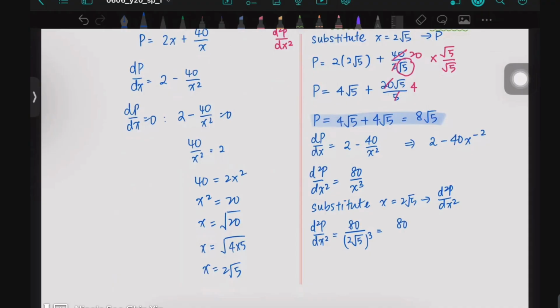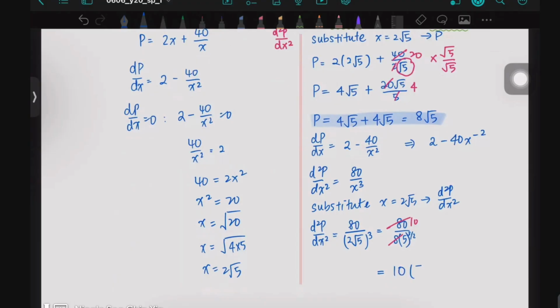So I get 80 over 8, root 5 cubed. Here we'll get 5 root 5 over 2. So simplify. Okay, look at the question. If it comes to paper 1, you cannot use your calculator, correct?